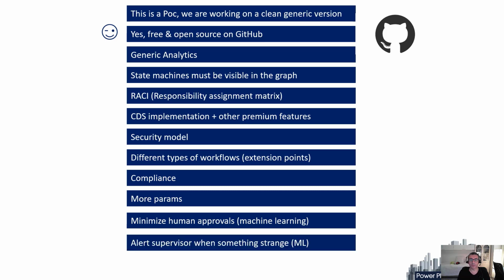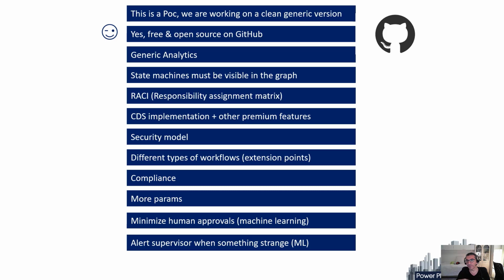This thing is also very interesting. For instance, let's say you have 20 workflows and they're all waiting for one person to approve. So there is a bottleneck on one specific person. Then I want the system to be smart enough to analyze the situation and say to the supervisor, oh, there is something strange going on.